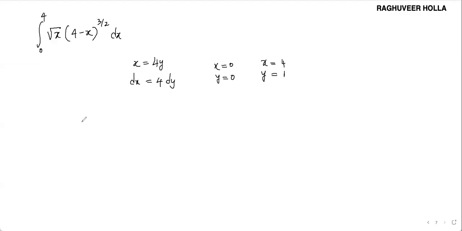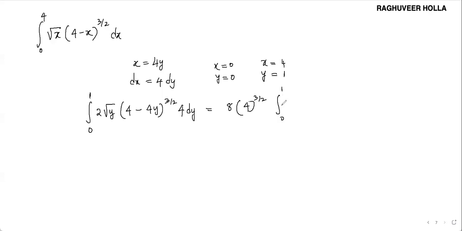So this will be the integral from 0 to 1 of 2 root y multiplied by (4 minus 4y) to the power 3 by 2, into 4 dy, which is 8 multiplied by 4 to the power of 3 by 2 times the integral from 0 to 1 of y to the power of half, (1 minus y) to the power 3 by 2 dy.